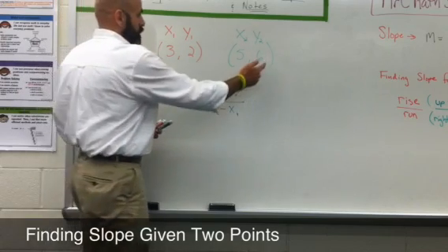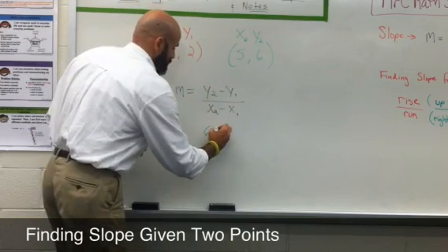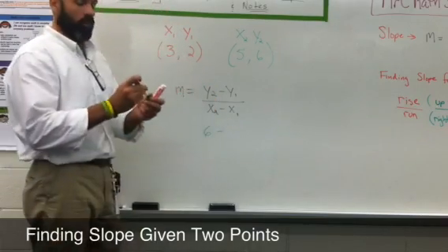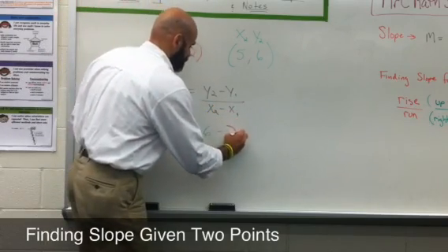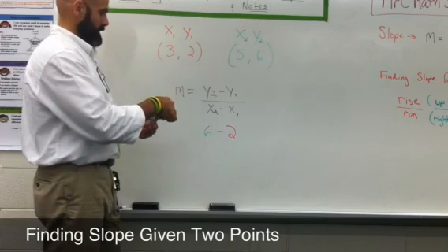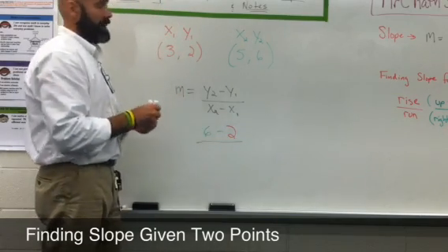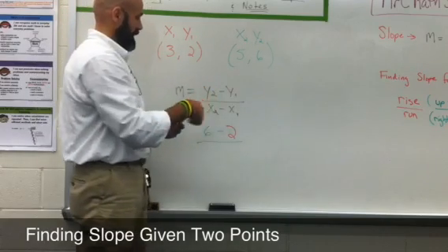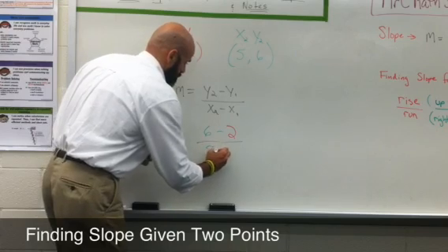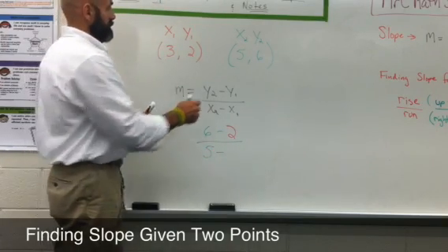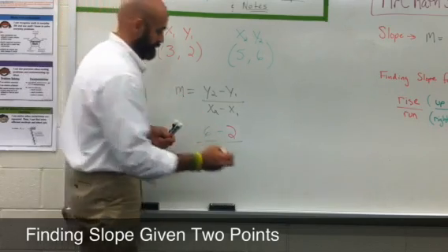And my y of 2 to start with is 6. So I have 6 minus my y of 1, which is 2. And that's over my x of 2, which is 5, minus my x of 1, which is 3.